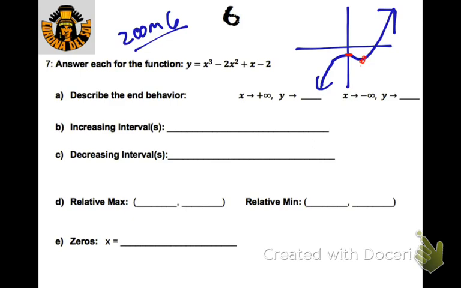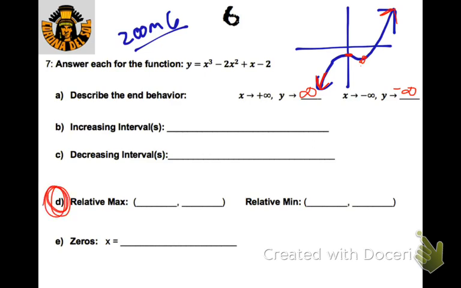So when you go to calculate it, well, let's do the end behavior first. So as x approaches positive infinity, we're seeing what's happening to the y values. They're getting bigger, so we say y approaches infinity. As x approaches negative infinity, the y values are getting smaller, so that's negative infinity. The relative max and min, this is what we need to do next.